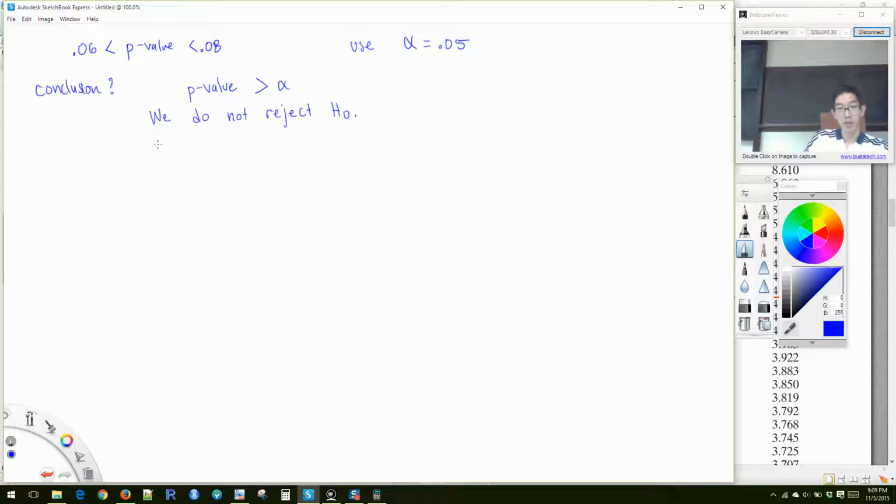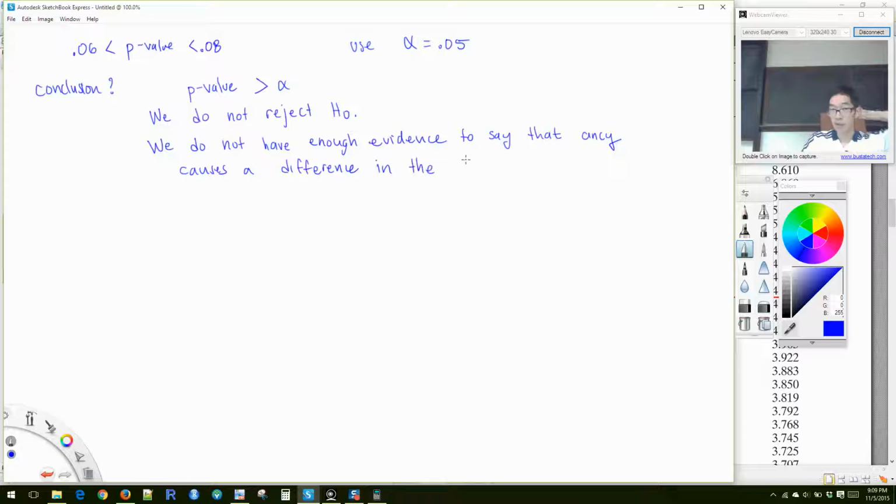Okay, or we say, in the context of our problem, we would say, we do not have enough evidence to say that ANSI causes a difference in the height of plants. Is that okay?